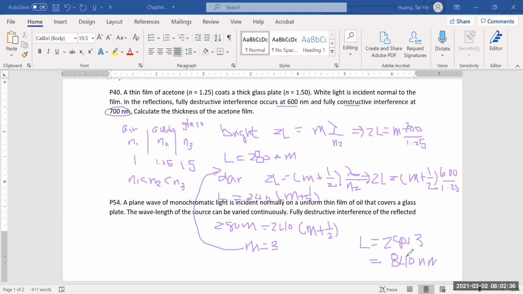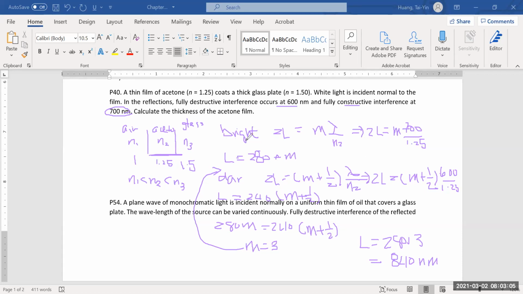nanometers. Okay. So this problem is a little bit different from the previous one because it didn't specify whether it's the smallest thickness or what. But we do know that the L here has to be the same when the brightness occurs or when the darkness occurs, given the specified wavelength.